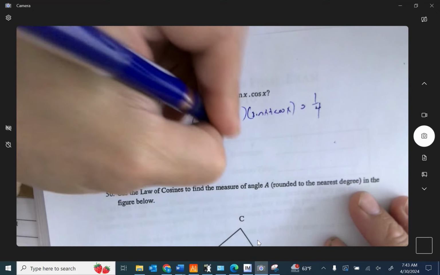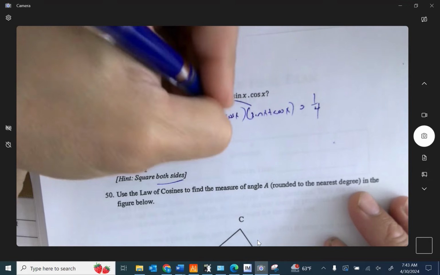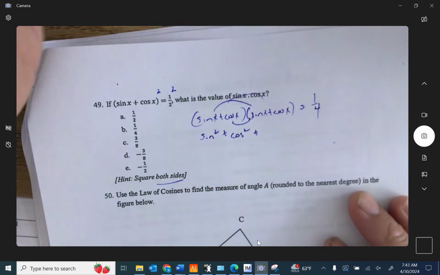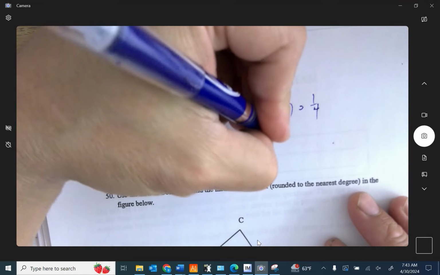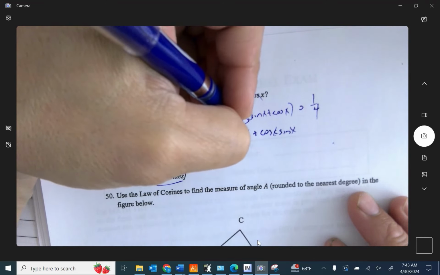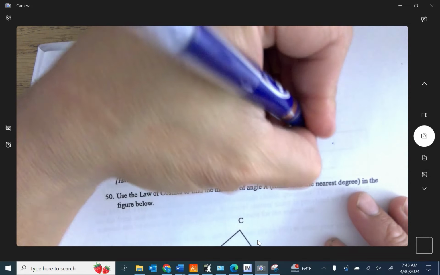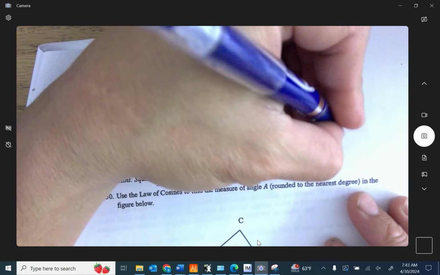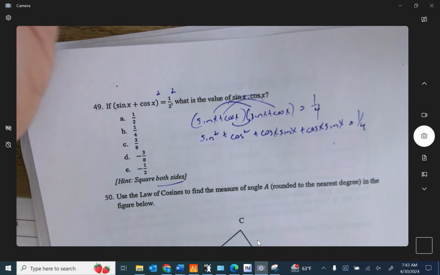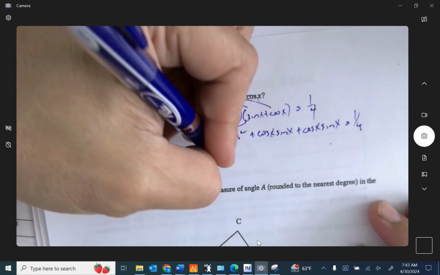I have sine squared plus cosine squared plus cosine x sine x plus another cosine x sine x. Okay, this is actually a pretty easy problem. Still equal to a quarter. This becomes 1.